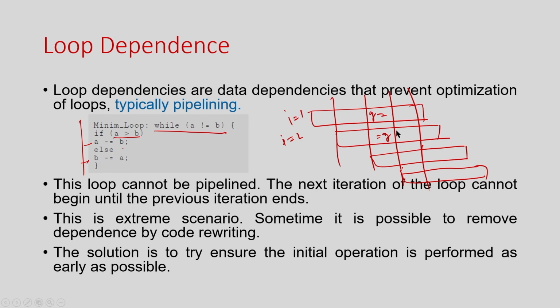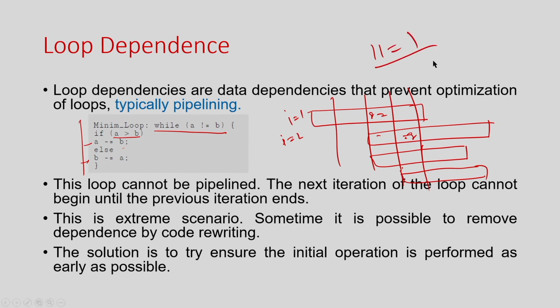That means I cannot do these things in parallel. I have to shift this loop at least by 1, because q is defined in this clock, so that I can actually use q here. So, this is basically the dependency across iterations.